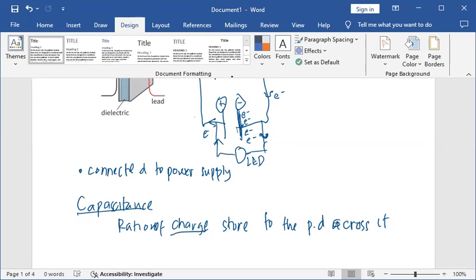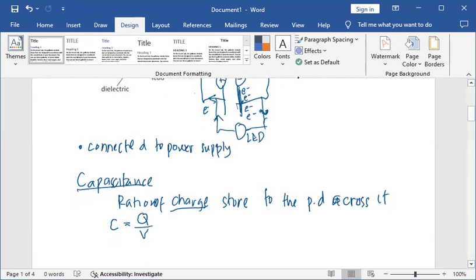In the equation, we write capacitance C equals Q over V. Q is charge, V is potential difference, and C is capacitance.